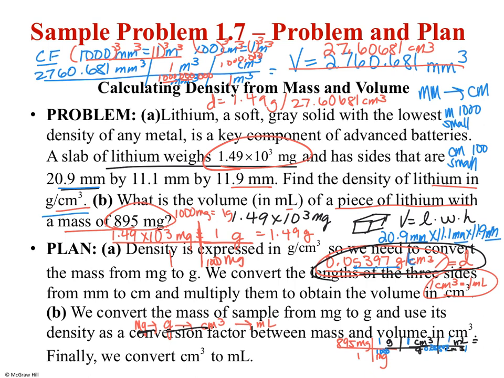So to answer B, you're going to take 895 divided by 1,000, and then divided by this number here, 0.05397, and then times 1. So 16.58 milliliter.